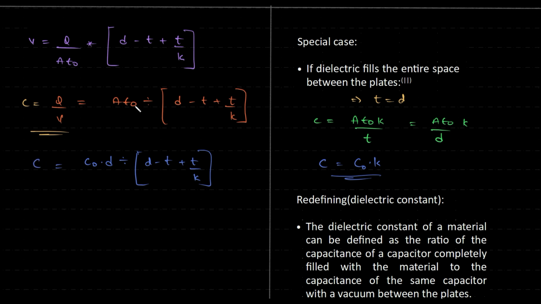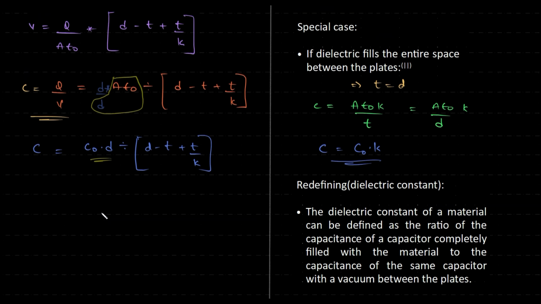So A by d epsilon naught will give us what? C naught. So the numerator d will still remain. So basically this expression gives us C naught and there's a d in the numerator and we end up with this. Again, I wanted to express in terms of C naught. So that's the whole funda.